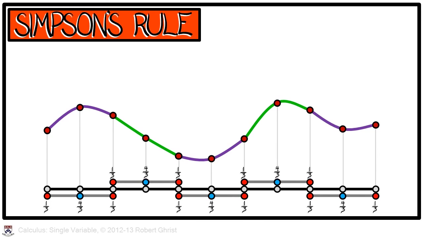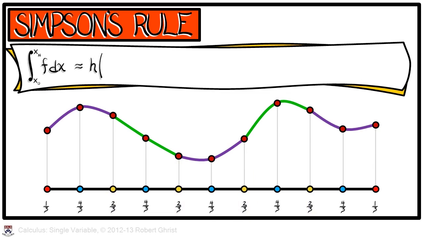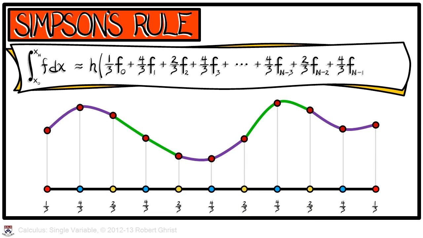Now we do this on all pairs of incident subintervals and then add the results of these integrals together, being careful to account for what happens on the overlaps. When we do so, we obtain a system of weights for the function values, and this comprises Simpson's Rule.